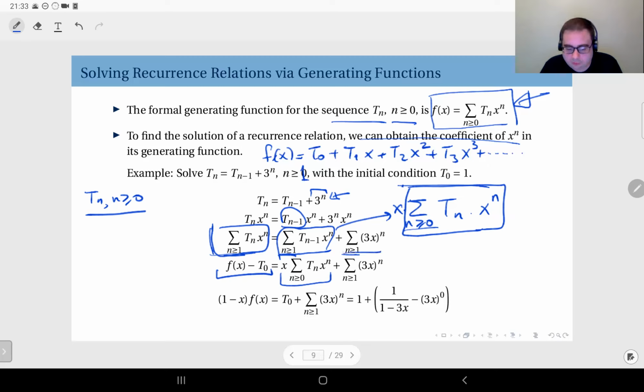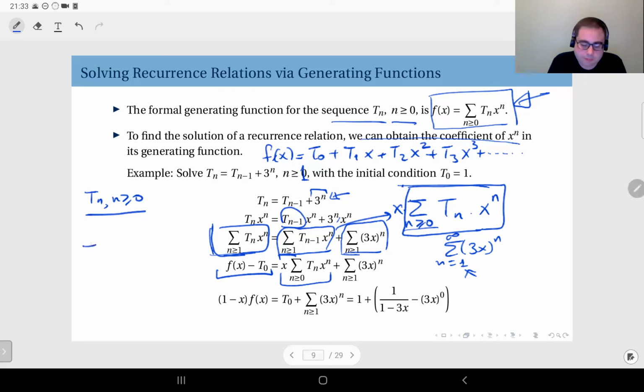And finally, this term here, well, 3 to the power n, x to the power n, that's 3x to the power n. That is n from 1 to infinity. Again, be careful with the summation limit. Now, if I had this starting from 0, this would be 1 over 1 minus 3x, right?